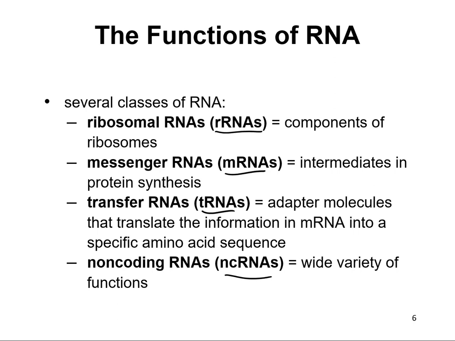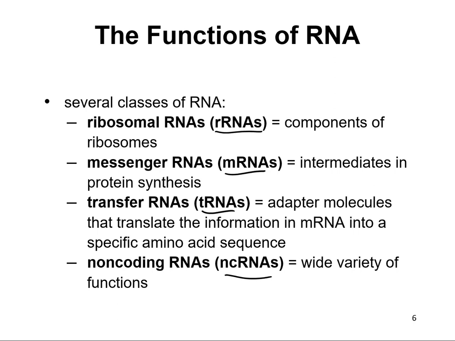Messenger RNA, mRNA, is the intermediate between DNA and protein. So messenger RNA is formed, it's also called a transcript, an mRNA transcript, just because it is a transcript of DNA. It has the code for making the protein. So it's going to bind to the ribosome and interact with tRNAs, the transfer RNAs.